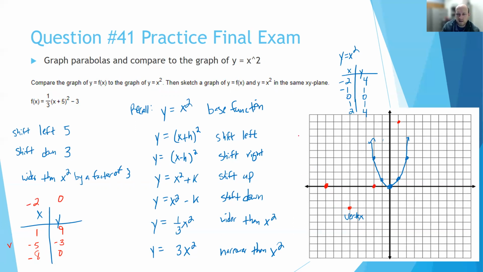So this graph is going to look something like this. It's the best I can draw it. Try to imagine that it was actually going through the point 1, 9 right there. Okay, so that's how we would graph it. Again, the most important thing probably is to remember all of these rules here.